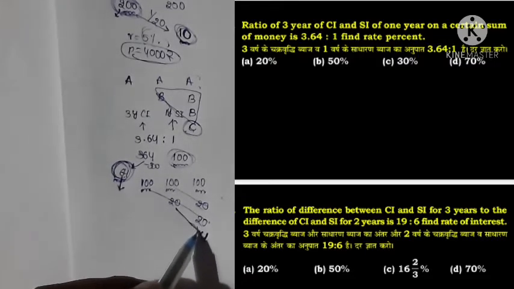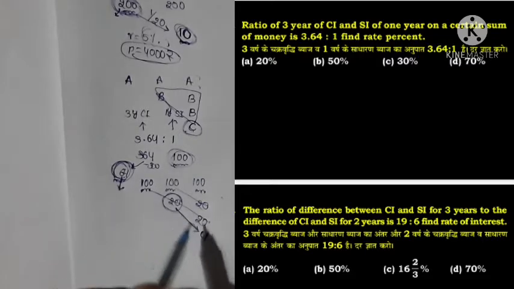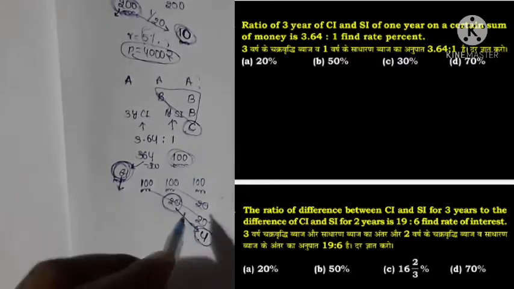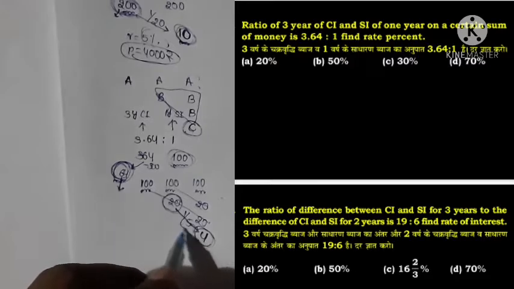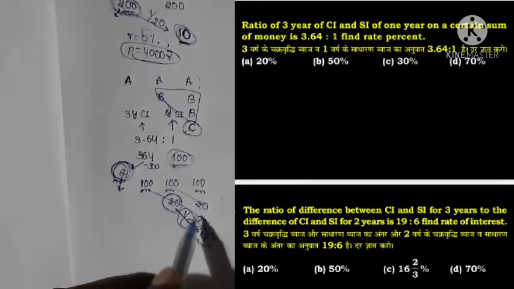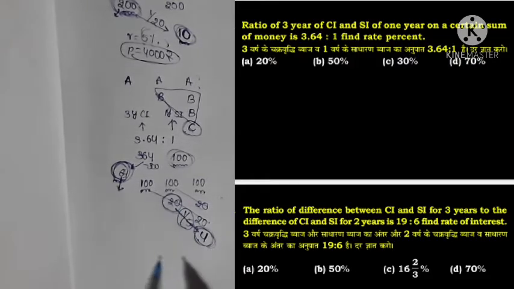So here how to get 20 to 4? That means 1 by 5. So 20 into 1 by 5, the value is 4. So what is the rate of interest? So the rate of interest is equal to 20%.